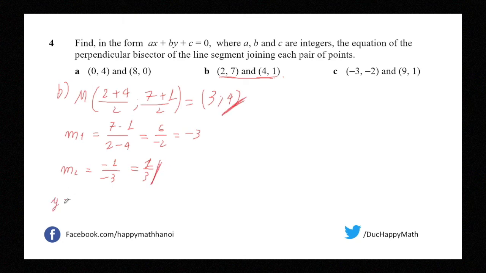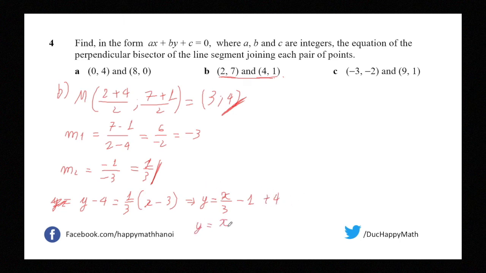We have the point here, so the equation of this line is y minus 4 equal to the gradient times (x minus 3). So y equal to x over 3 minus 1 plus 4.